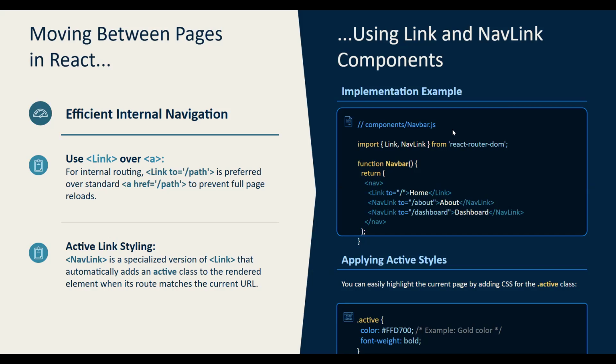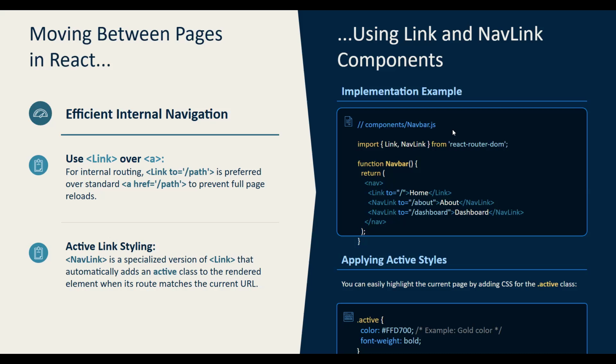So when it comes to internal routing, the Link component is always preferred over standard anchor tags to prevent full page reloads. Because if we use anchor tags, the browser would treat it like a traditional website, which would cause a full page reload.